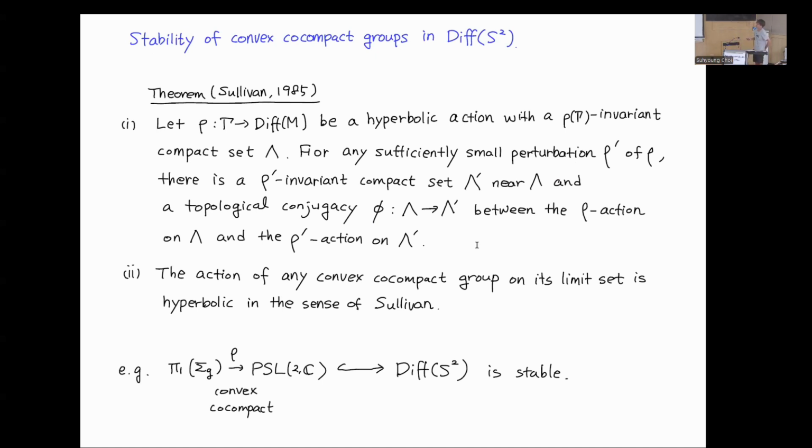So Sullivan proved that if the gamma action on the lambda is expanding and M-parallel traveling, then this action is structurally stable.